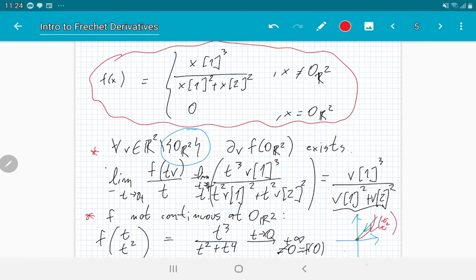And along this curve, if I go to 0, then f is very badly behaved. And this is really the problem with these directional derivatives. They tell you what happens if you move along straight lines and how f changes along these straight lines. But they do not tell you what happens if you move along curves, right? As you can clearly see in this example.